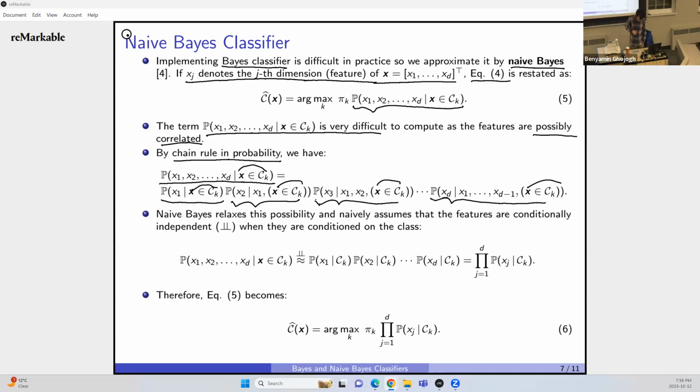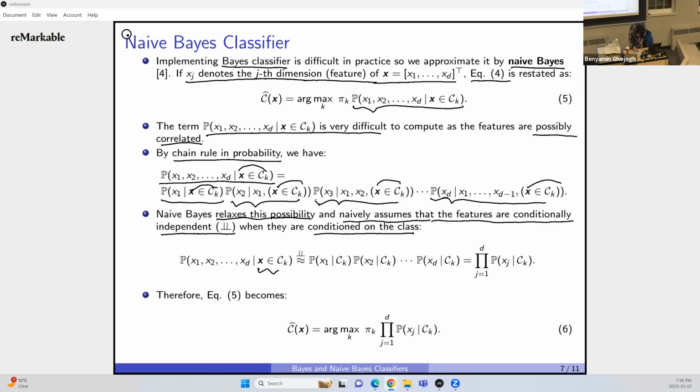So naive Bayes relaxes this chain rule, and naively assumes that the features are conditionally independent when they are conditioned on the class. It doesn't say that the features are uncorrelated or independent. It says conditionally independent. If they are conditioned on the class, we can assume that they are independent, okay?